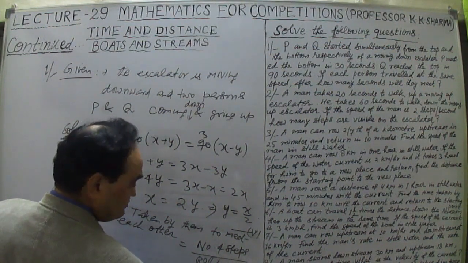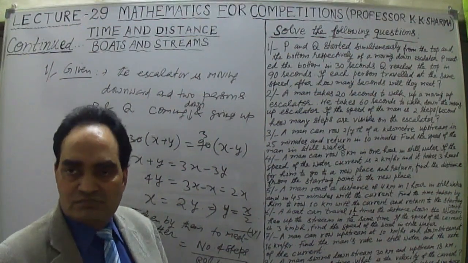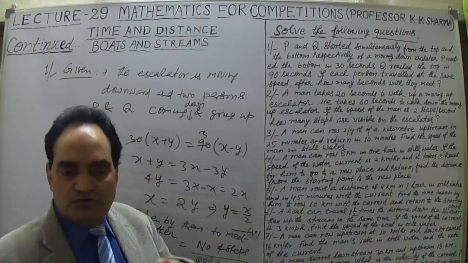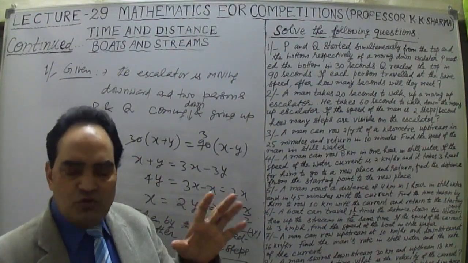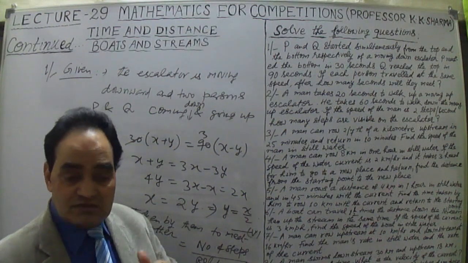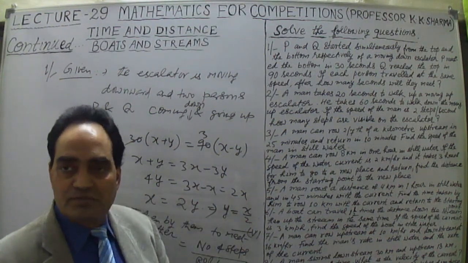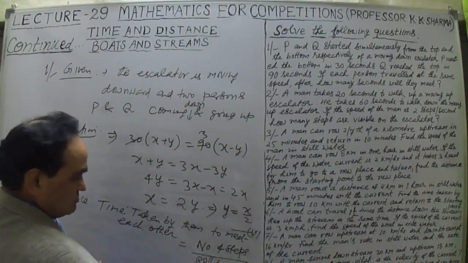This is a very important point. Why? The number of steps they are climbing up. Normally, distance is measured in meters or kilometers, and time is the distance divided by the relative speed. But in this case, the steps are being covered, so the number of steps is in the numerator, divided by the relative speed.